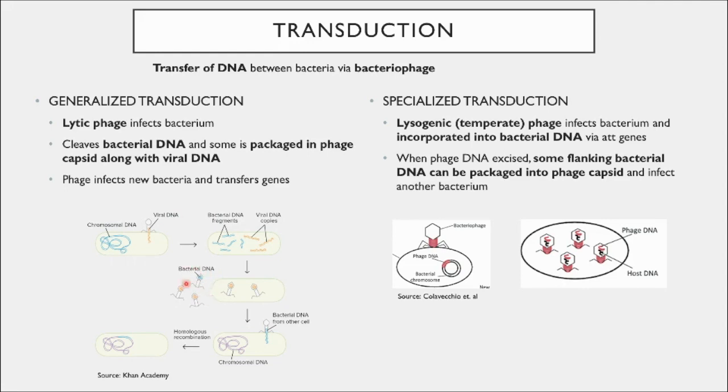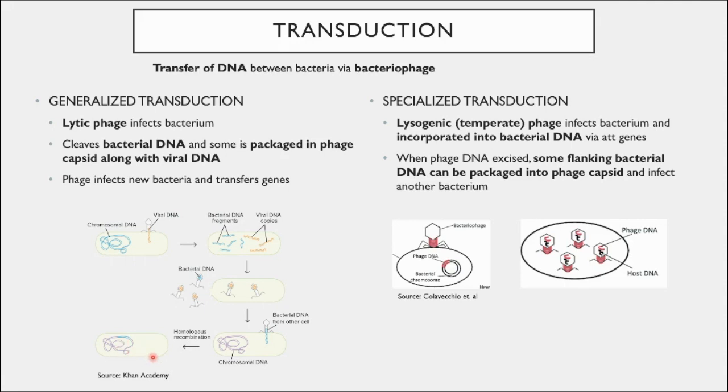Now that virus is still able to target a host and send whatever it's holding inside of it, except now it's not viral DNA or RNA. Now it's bacterial DNA, which can then, through homologous recombination, much like in transformation, be incorporated into the genome.